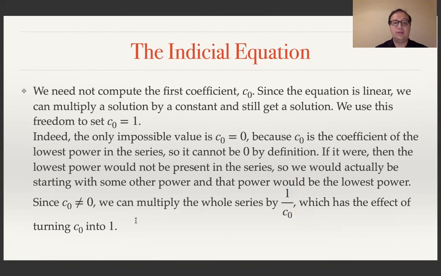And c0 equal to 0 is impossible by definition, because c0 is the coefficient of the lowest power in the generalized power series, so it cannot be 0. If it were 0, then the lowest power in the generalized power series would actually not be present. So we would be starting with some other power, and that power would be the lowest power, not this one whose coefficient is 0. So c0, by definition, cannot be 0.